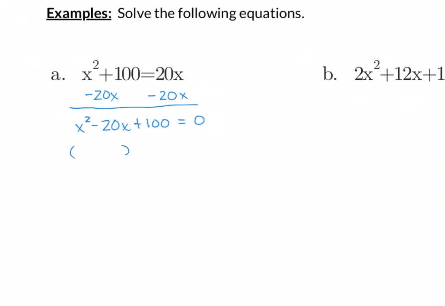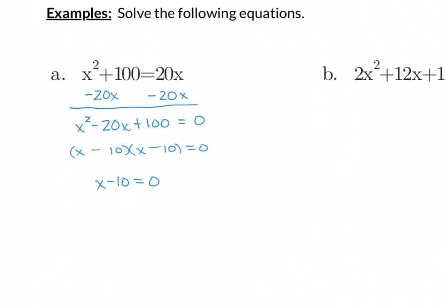From there we can factor. X squared is x and x. 100 is 10 and 10. We have same signs and both are negative. Now from this point, we want to set each factor equal to 0, but one thing on this is, do we need to set them both equal to 0?